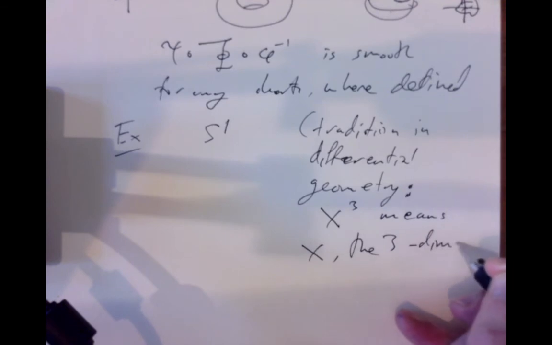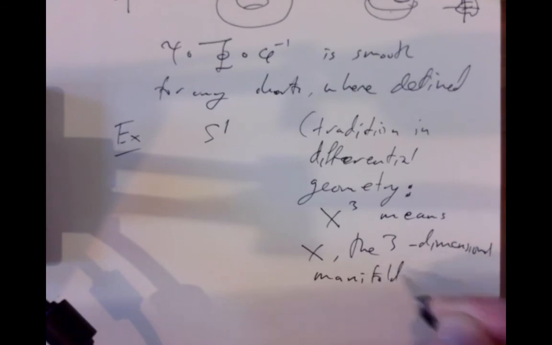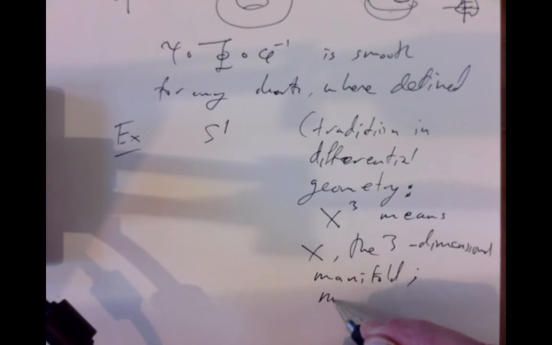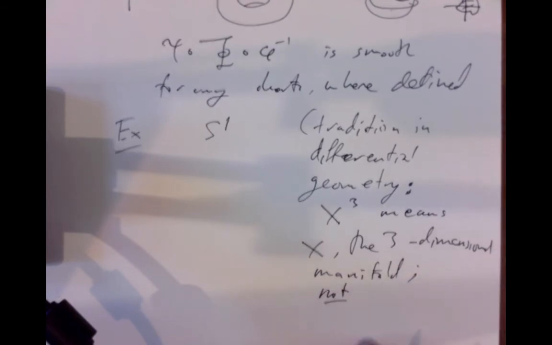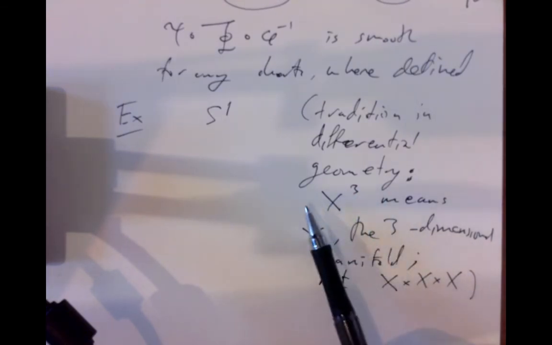So I don't mean 3 x's. Sometimes it's a very frustrating tradition because it doesn't necessarily mean x cross x cross x, but sometimes I do mean that and sometimes I don't, and you'll have to guess when.